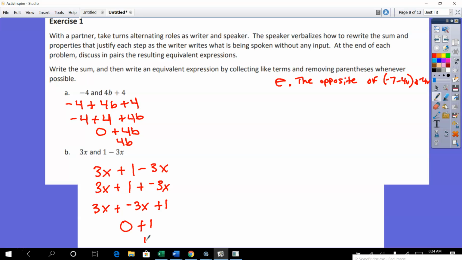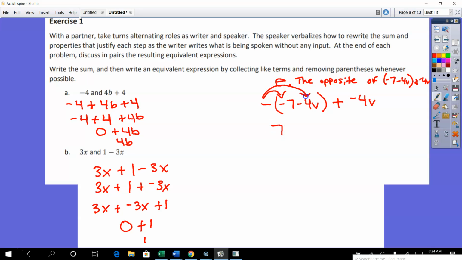And then you skipped to E. So the opposite of negative 7 minus 4b and negative 4v. So we distributed. Negative times a negative is a positive.